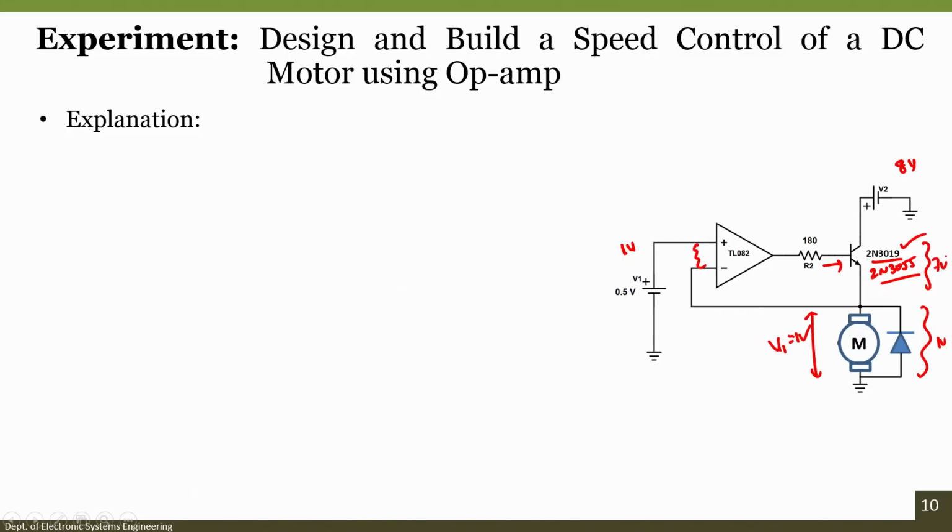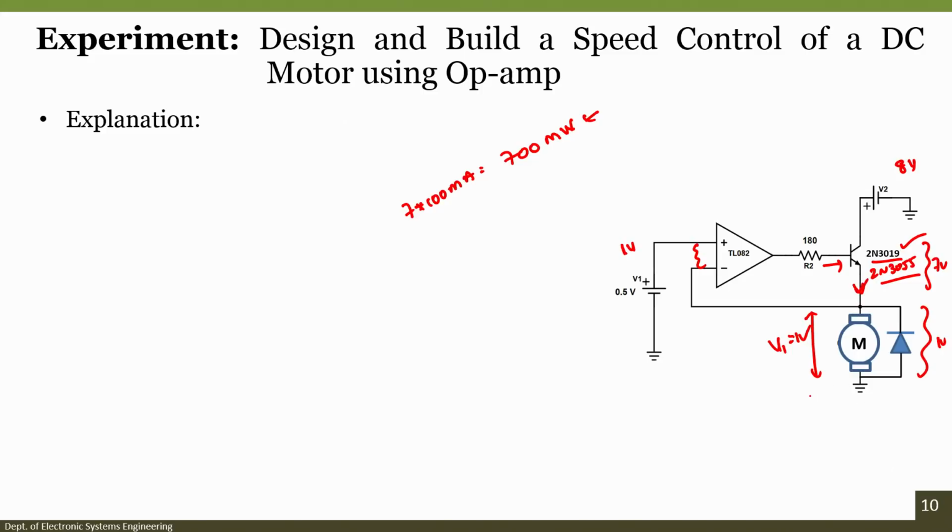But the problem is, because of the 7 volt drop and 100 milliamps of current, the total power dropping across the collector and emitter terminals will be 7 times 100 milliamps, which is 700 milliwatts. So, 700 milliwatts of power will be dropped across the collector and emitter, and there are chances of it heating slightly.